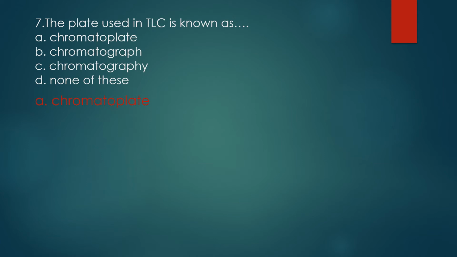In thin layer chromatography, the thin layer of finely divided powder coated on a glass plate acts as a stationary phase. This glass plate having a thin uniform layer of the finely divided absorbent on it is called a chromatoplate.